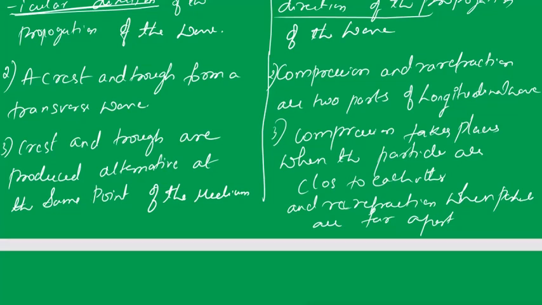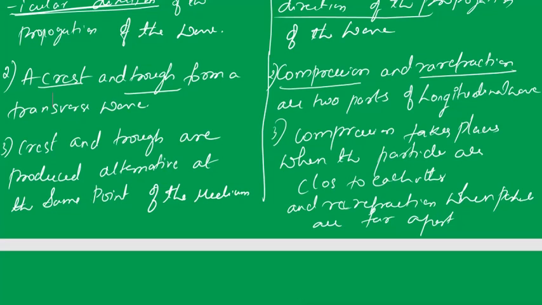The second point which we can note in transverse is that here we have the concept called crest and trough. A combination of both gives us the transverse wave. And when it comes to longitudinal waves, we don't have such crest and trough, but instead we have compression and rarefaction.